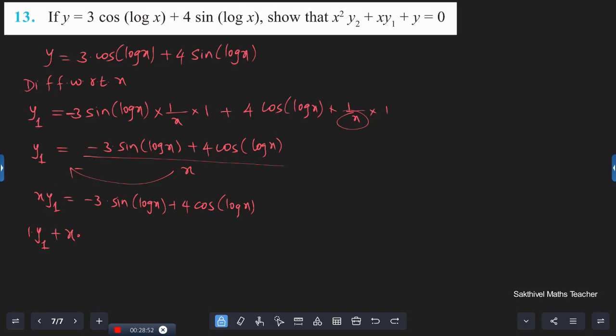Y1 is already dy by dx, so differentiating it gives d square y by dx square, which we write as y2. That is what I said on the first page.